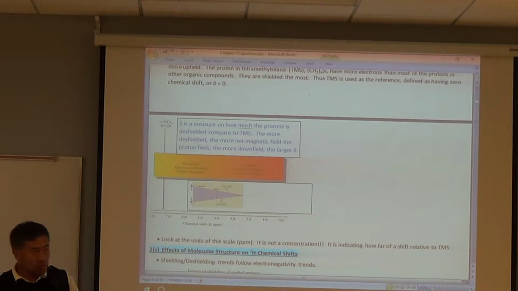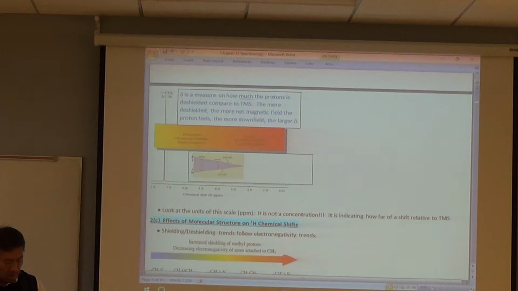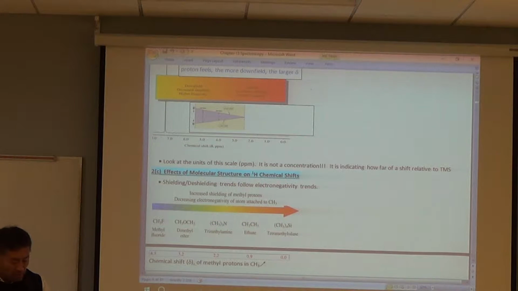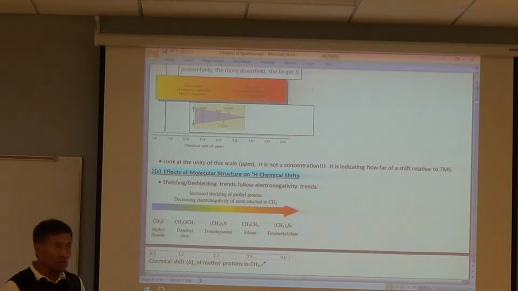For us to get some idea about the structure of the molecules, we need to recognize the chemical shift for those protons in the structures. This is the effect of the molecular structure on the H1 chemical shift. Remember that the chemical shift is actually the difference between the shielding or deshielding of your molecular proton and the reference.